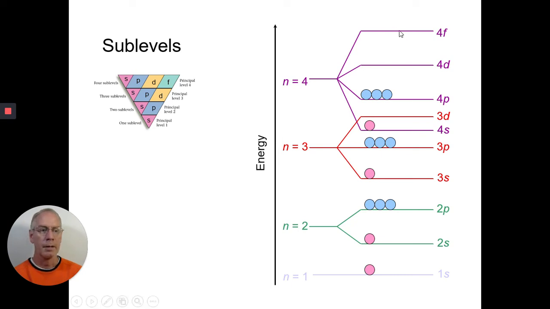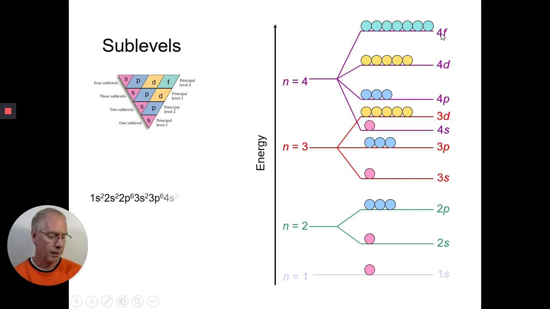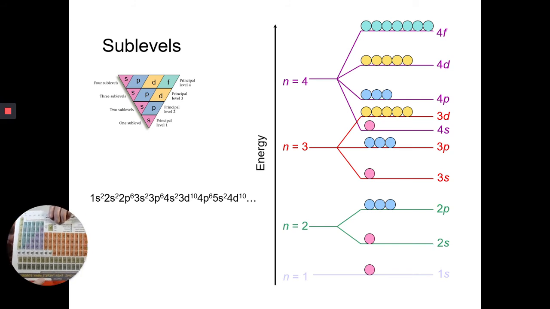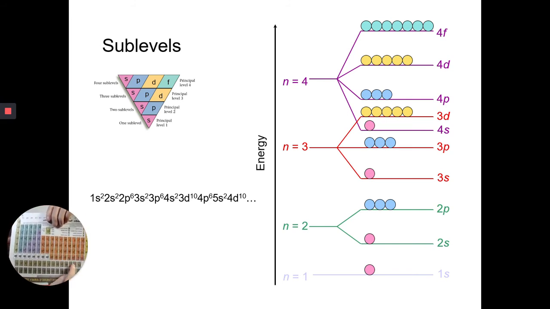Then there are 5 d orbitals, each of which can hold 2 electrons, for a total of 10 electrons. And then the f's, there are 7 f orbitals, each capable of holding 2 electrons, which is why on the very bottom of the periodic table there are 14 elements going across. Those 14 elements correspond to 2 electrons in each of these 7 orbitals.